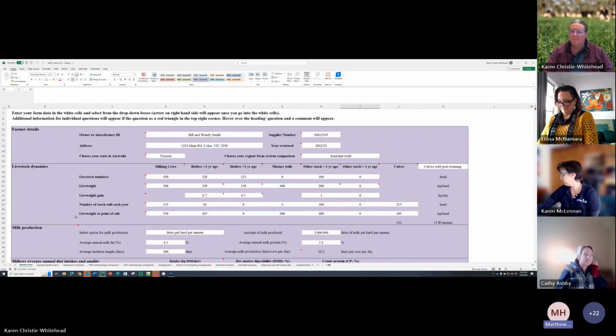This calculator will just assume it, so we need to be really careful when we're using it. If you're trying to demonstrate to a farmer you can reduce your methane emissions by getting more milk, it's not as simple as saying let's just get more milk.